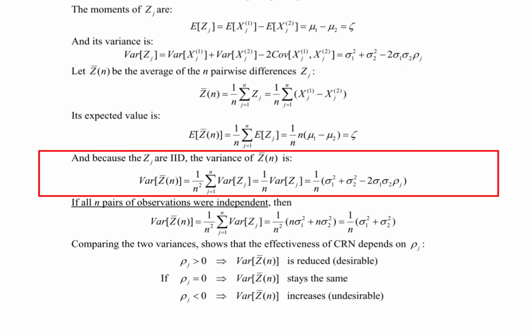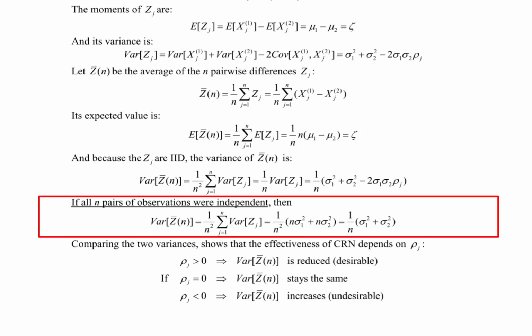Because the z sub j are independent and identically distributed, the variance of z bar is again easy to calculate, and it equals 1 over n times the variance of x1 plus the variance of x2 minus 2 times their standard deviations times their correlation coefficient.